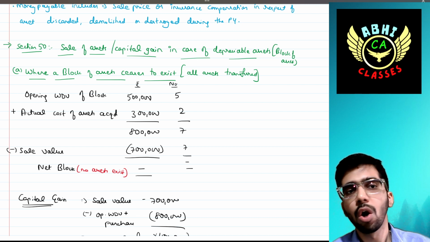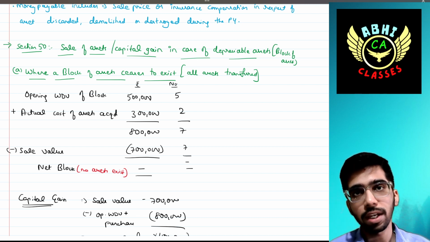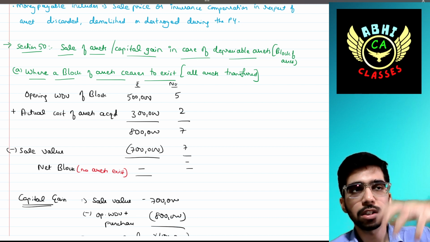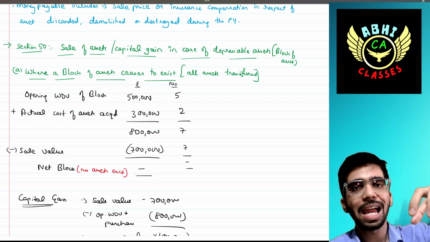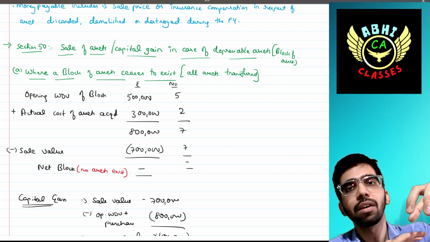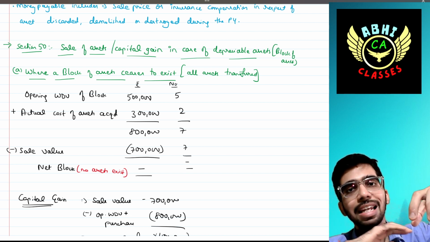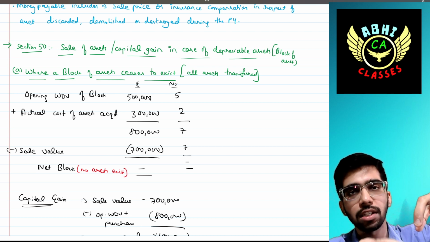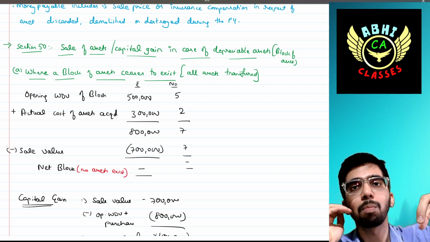First case, where a block of assets ceases to exist. That means in a block, for example, in a plant and machinery block, the entire assets are nil, they do not exist. There are no assets under the block of plant and machinery.